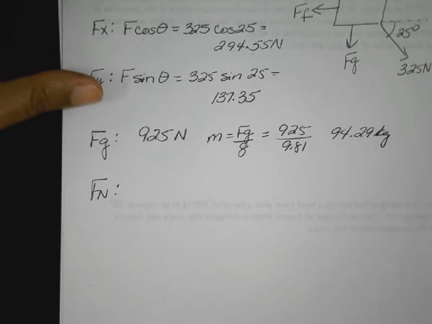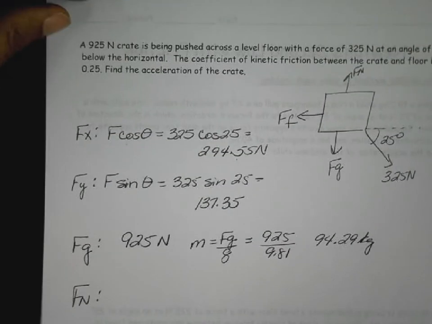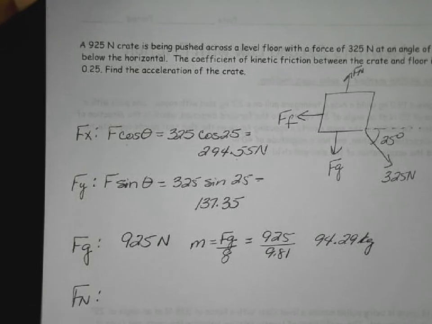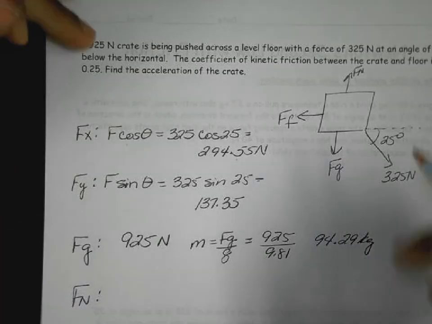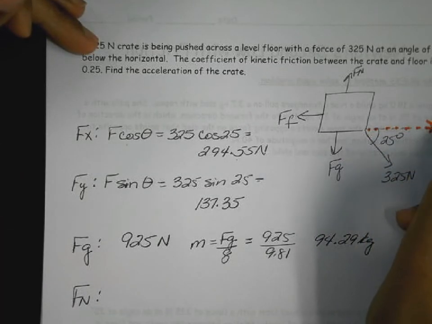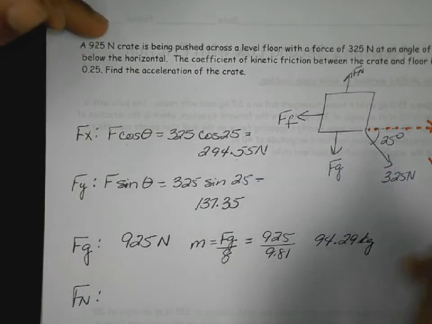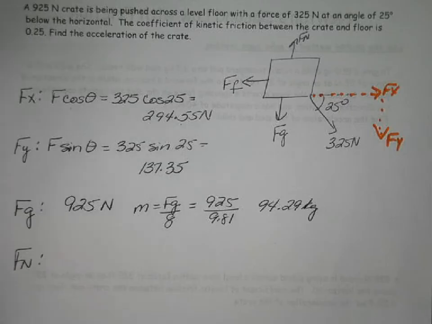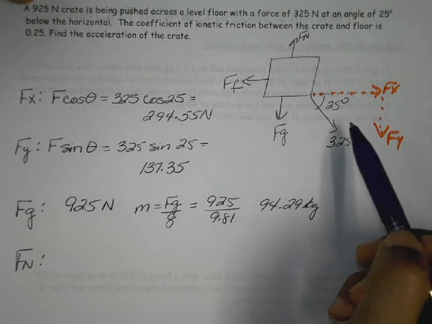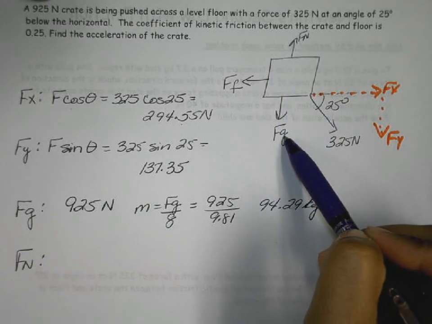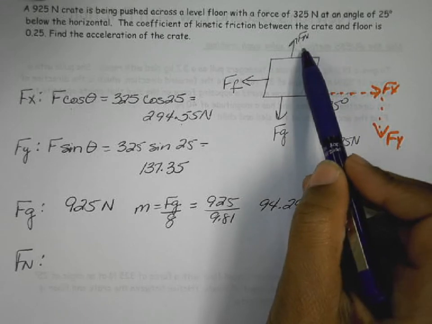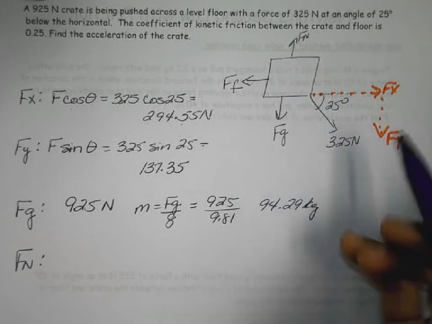Well, according to my diagram, my arrows up have to equal my arrows down. I have this arrow here, which is X, and I have that arrow there, which is Y. I'm hoping you can see the difference between this question and the last question. So now, F of N is F of G plus force on the Y gives you normal force, because arrows down have to equal arrows up.